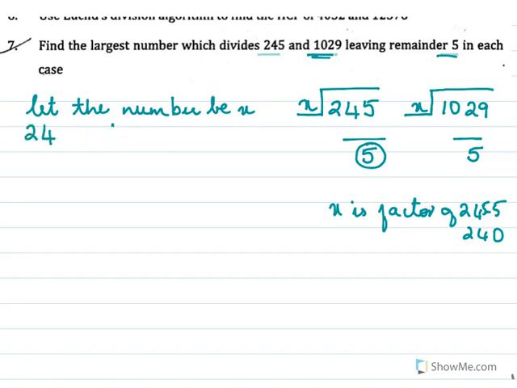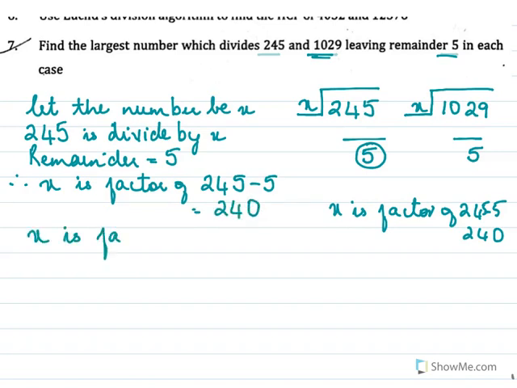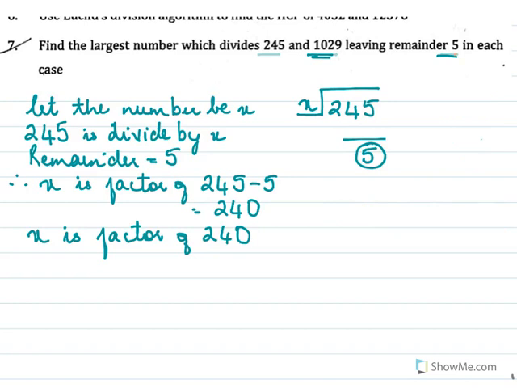When 245 is divided by X, remainder is equal to 5. Therefore, X is factor of 245 minus 5, which is equal to 240. Let's write again. X is factor of 240.